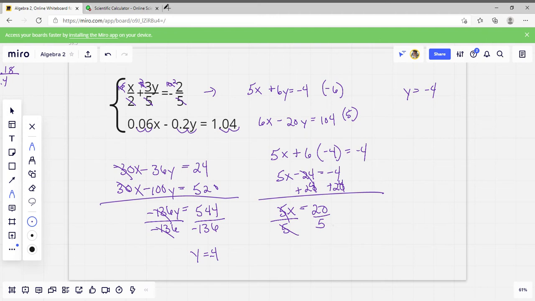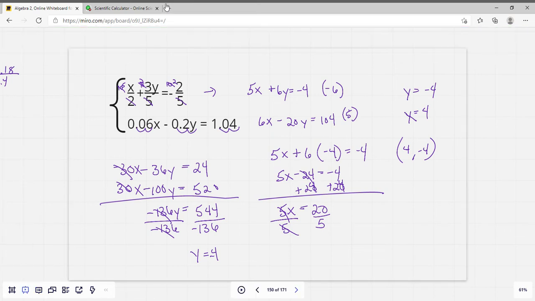And 5 times 4 is 20. Positive 4. All right, so that means that my answer, x equals positive 4. And so my answer is x value is 4, y value is negative 4. And you just put it in parentheses like that with your x and your y.